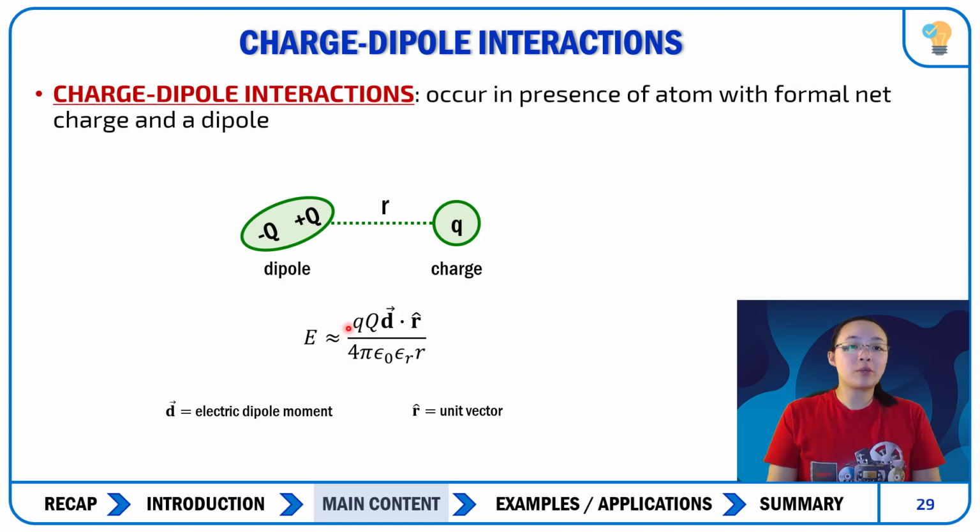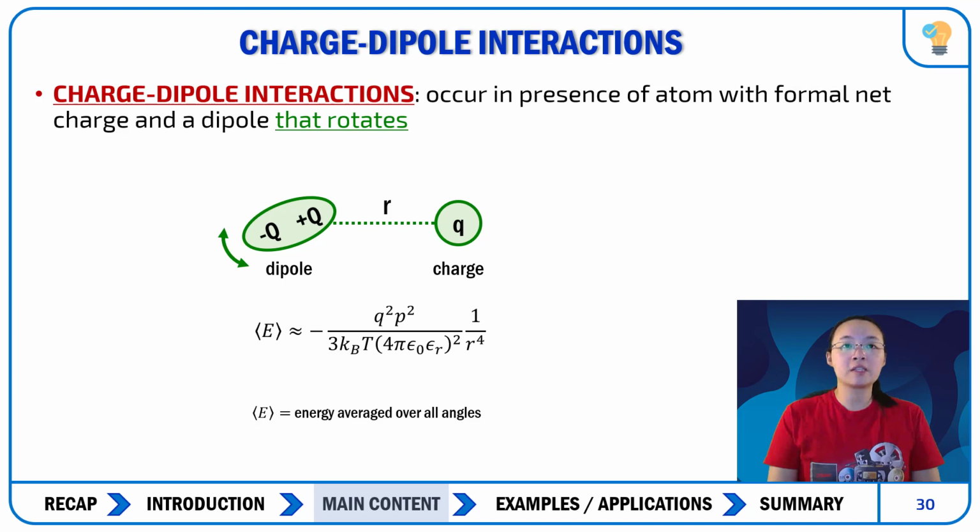That's not the only option we have. Even though I have this dipole on a slant and a charge, what happens if my dipole is turning or spinning? In this case, if we have a rotating dipole, to complicate things even further, you're going to have to calculate the energy for each angle and get an average value, which turns out to be this. Luckily we don't have to calculate or derive this.